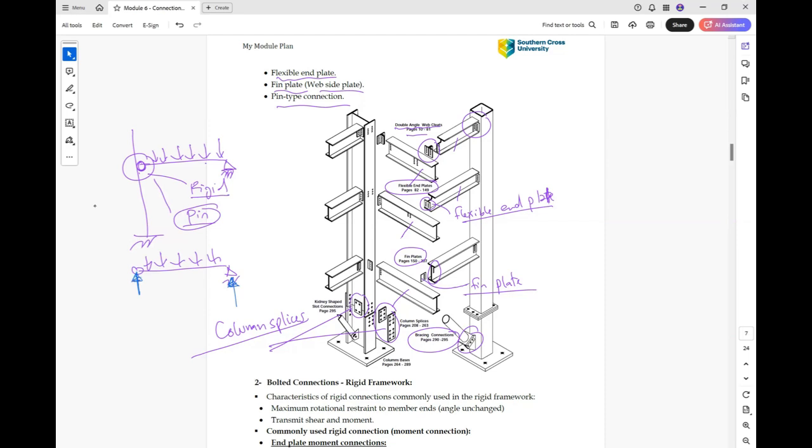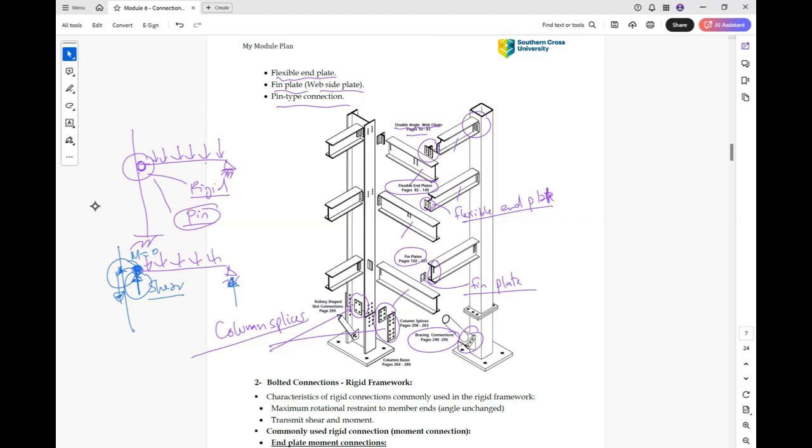So where this load goes to the column, it is transferred to the column. This is called shear because it is vertical, parallel to the section of the beam. That's why it's called transfer shear. And because the moment at this point in this case is zero, this connection will not transfer moment.